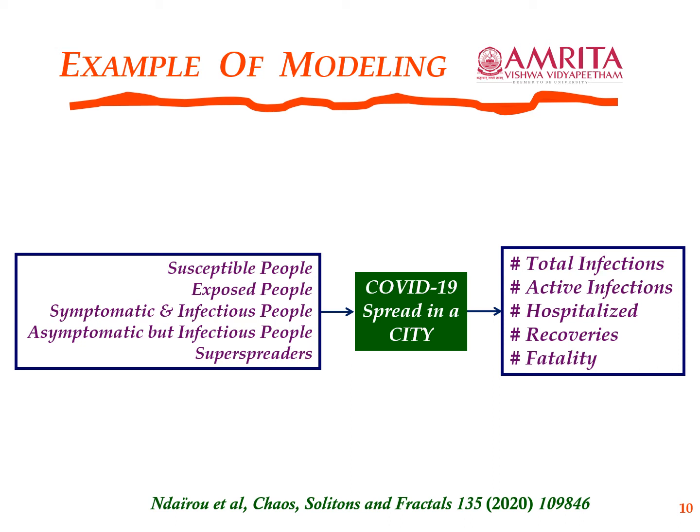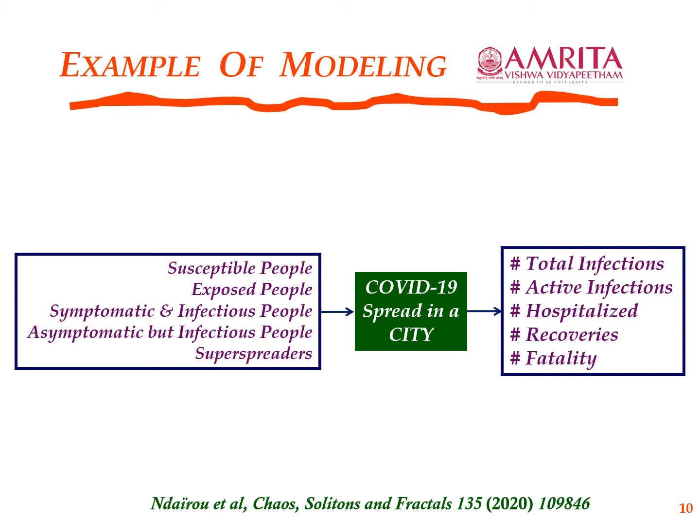But they did end up becoming super spreaders. So one person ended up exposing a whole lot of people compared to what would have happened if that person's profession were not that particular profession. So we have to account for such cases of super spreaders also. So these are all the inputs, and using these inputs you want to predict these outputs.